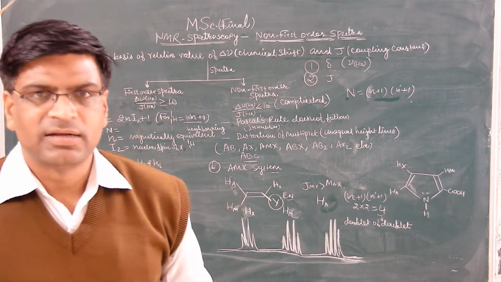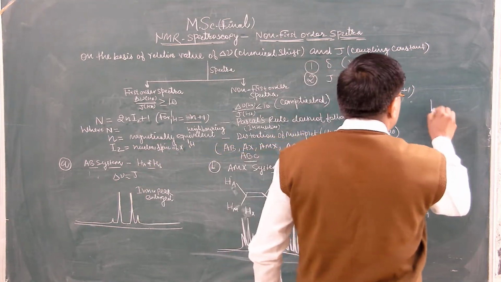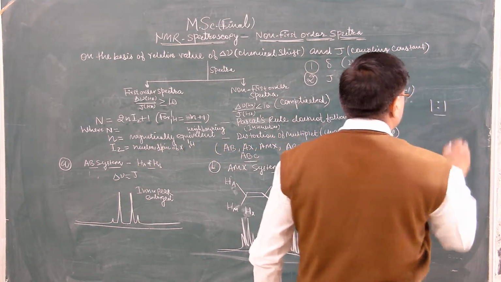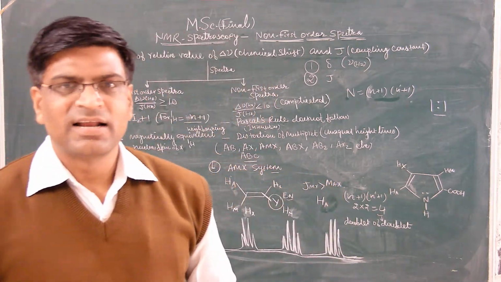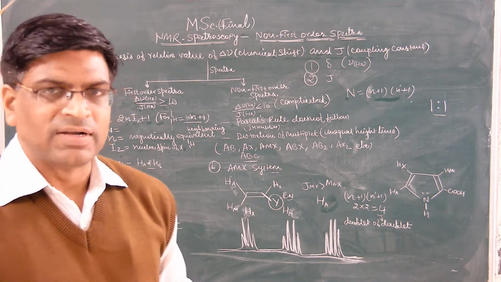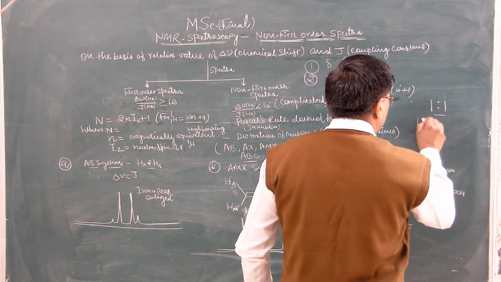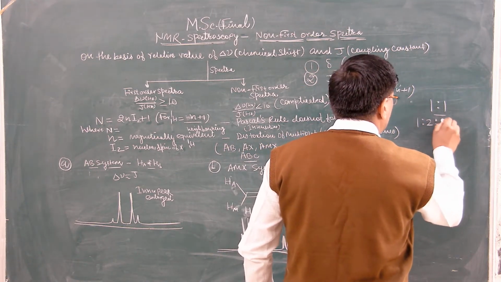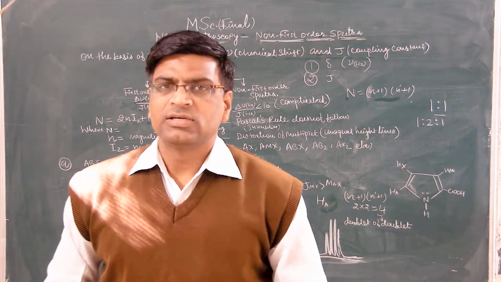For example, a doublet has an intensity of 1:1, meaning the two peaks have intensity in the ratio 1:1, and for a triplet the intensity ratio will be 1:2:1 according to Pascal's rule.